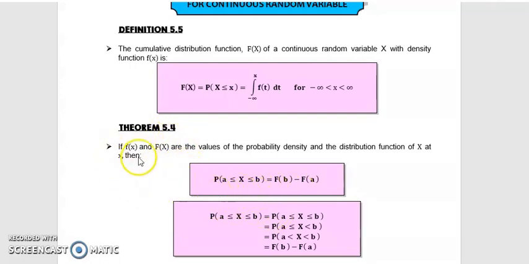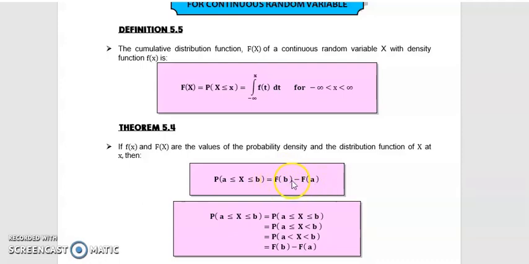If f(x) and F(x) are the values of the probability density and the distribution function of x at x, then the probability of x greater or equal to a but less than or equal to b is given by F(b) minus F(a). Note that b is the upper limit, a is the lower limit.